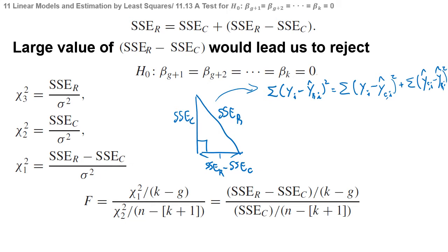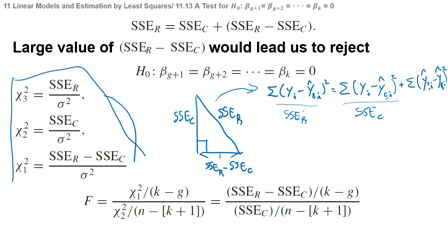Here this is SSER and this is SSEC, and we can show that each of them follows a chi-square distribution.